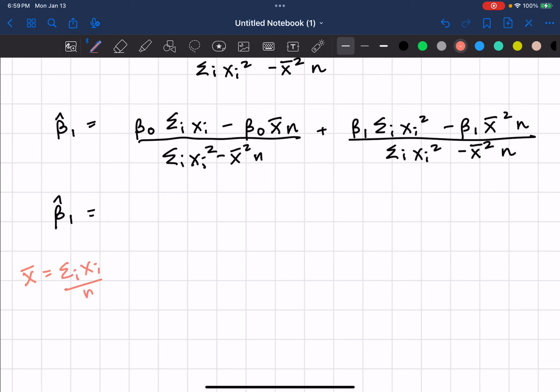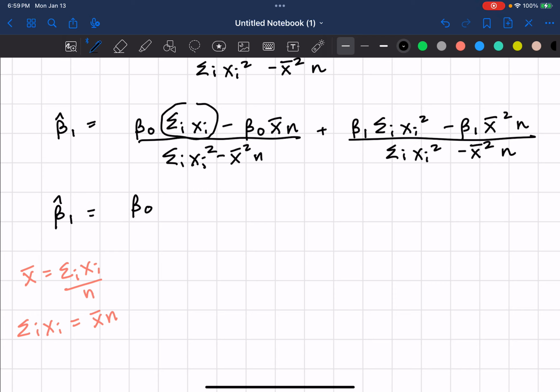You add up all the x's and you divide by the total number. And so sum i xi is equal to x bar n. If you just multiply both sides of this equation here by n, you'll get this equation. So I'm going to use that here, right here.